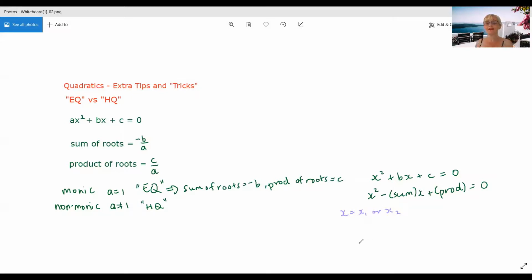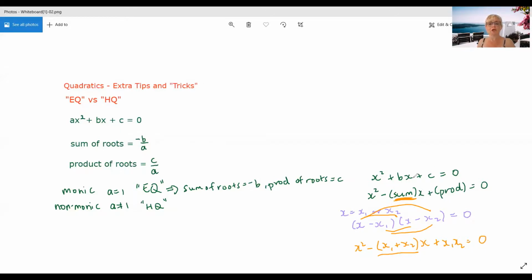Remember, using our null factor law in reverse, if we had x minus x1 times x minus x2 equal to 0, when we use our FOIL technique, first outer inner last, we get x squared minus (x1 plus x2) x, and then negative x1 times negative x2 is positive x1 x2, which is just exactly our product. So this is why we're taking away the sum times x and adding the product.